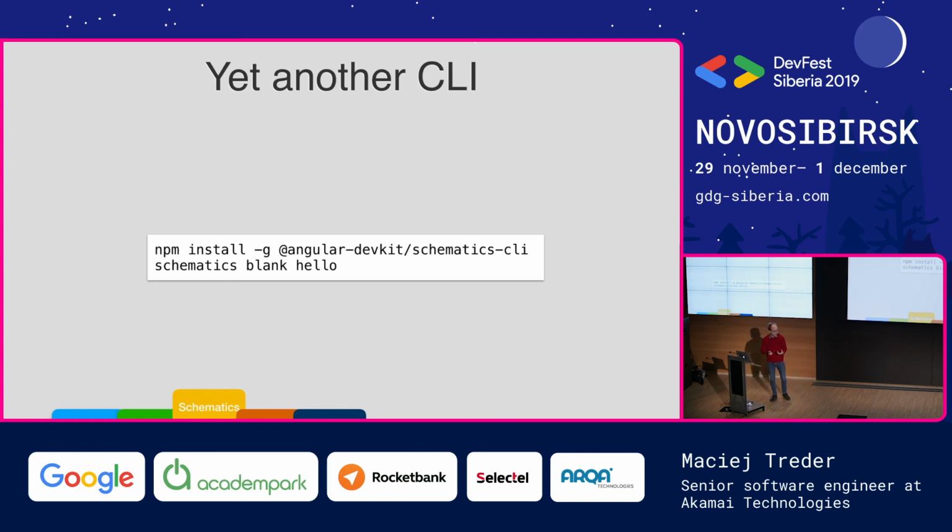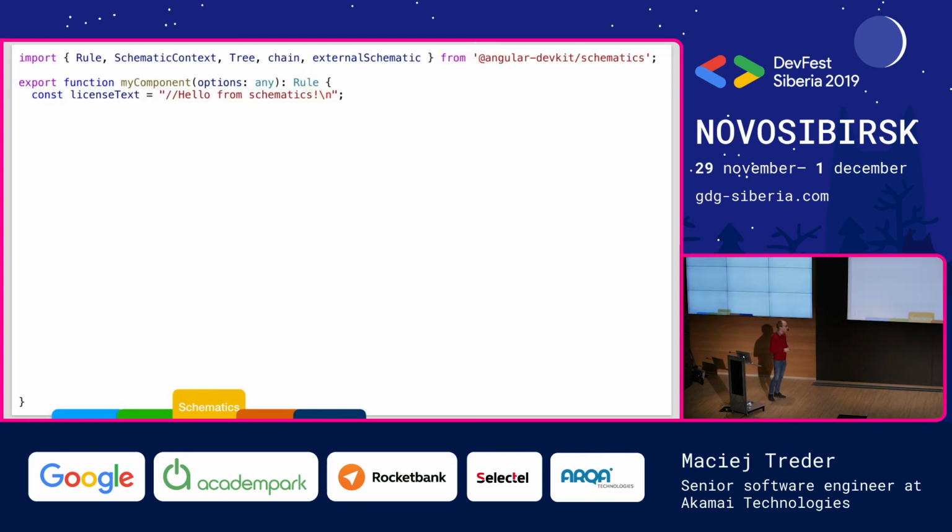It's really complicated, and even the official guide says to start from scratch and create the files by hand. But for blank schematics, when you want to enhance the existing ng commands, it's really great to use this one.